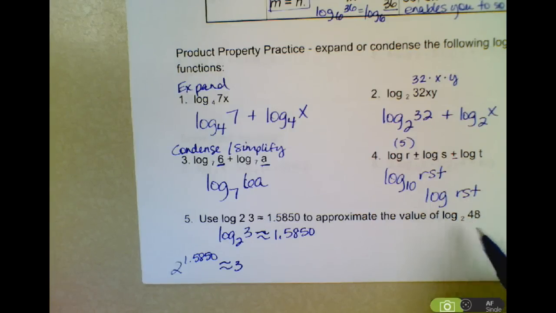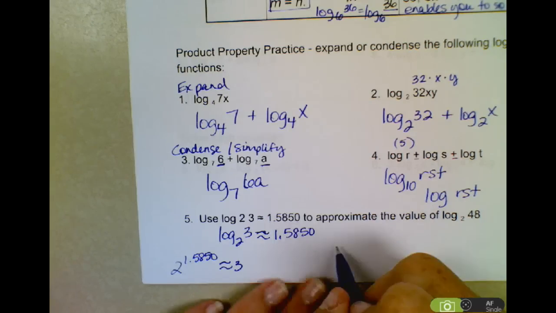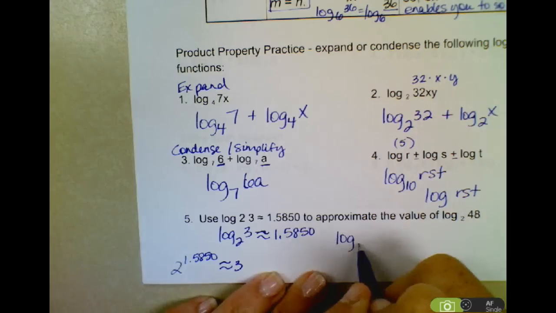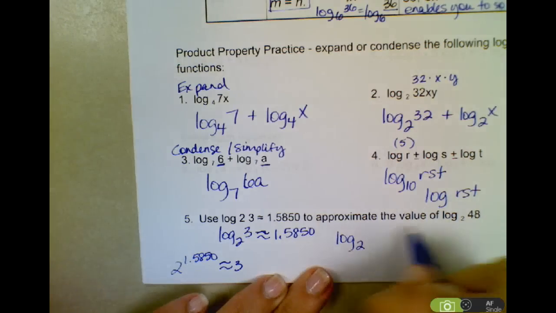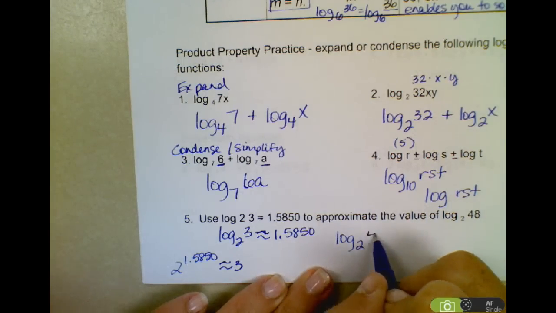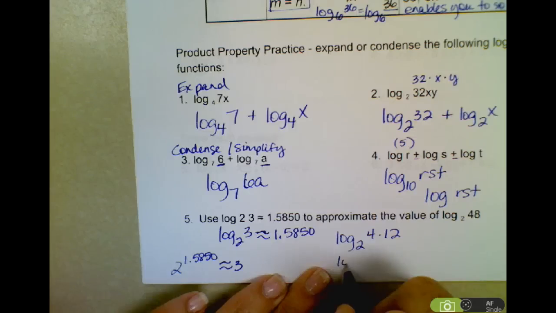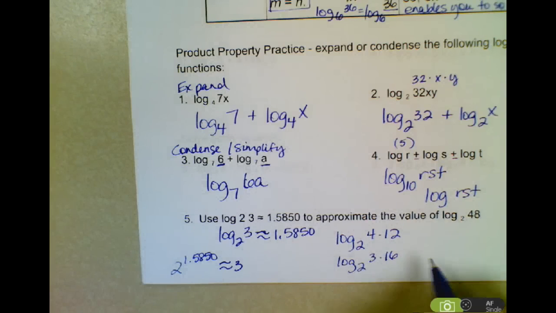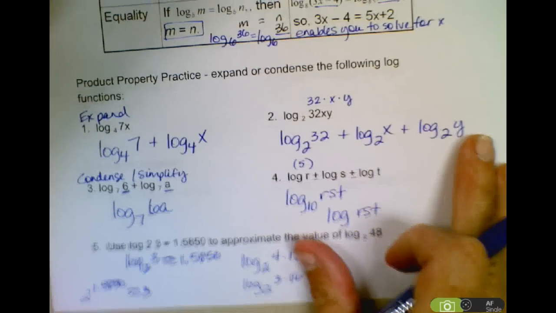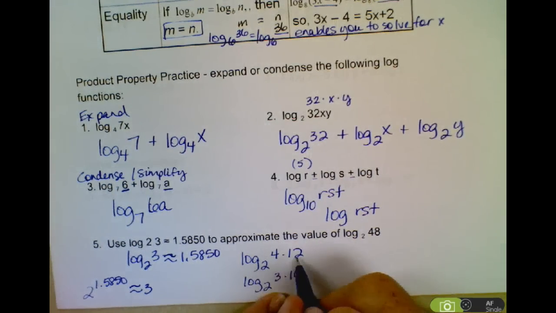So let's see what we can break 48 down into. So log base 2, if they're giving us a 3, let's use that. So I know that 48 can be 4 times 12. I also know that 3 and 16 multiplied to 48, we can do it either way. Okay? So what can you break 12 down into?